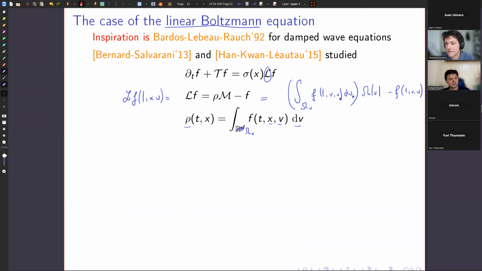And this is a statistical mechanics evolution equation for the effect of collision with the medium.